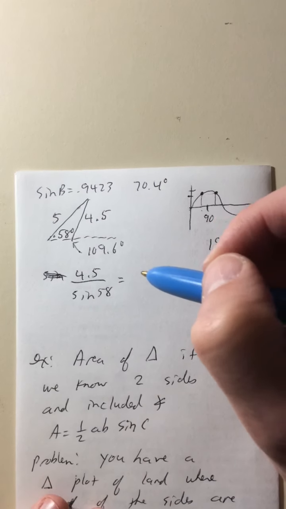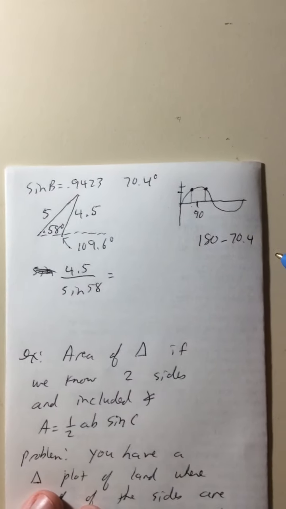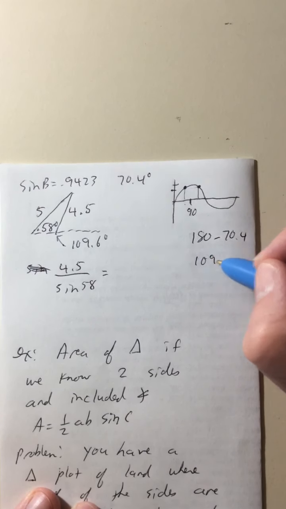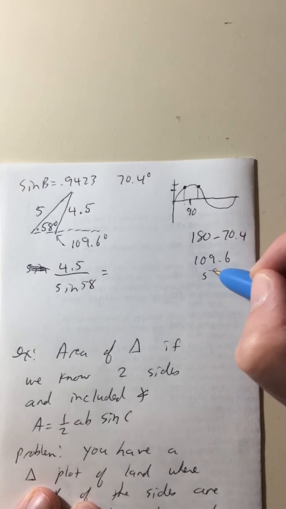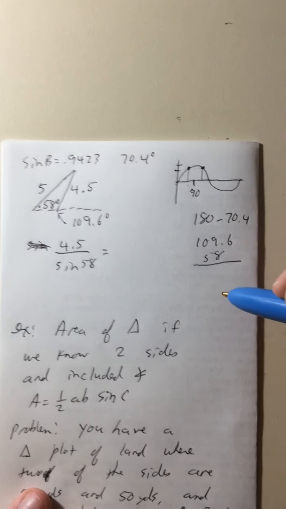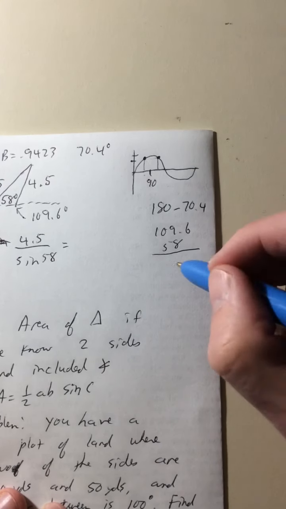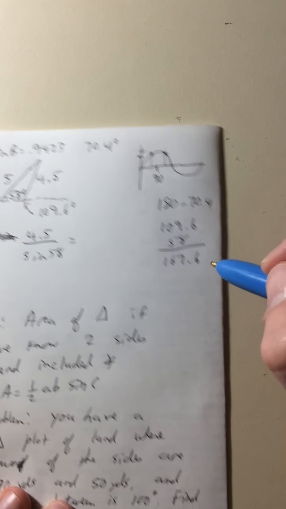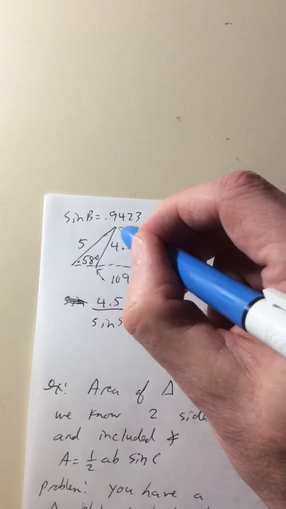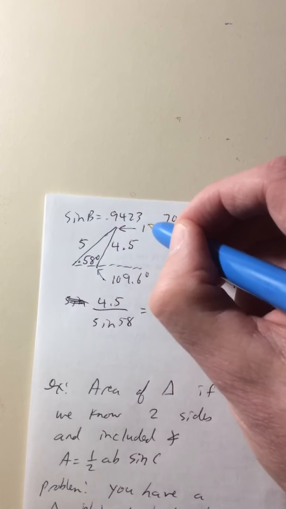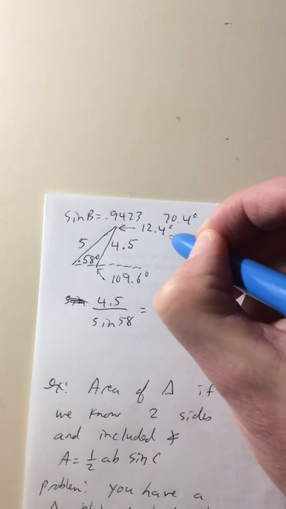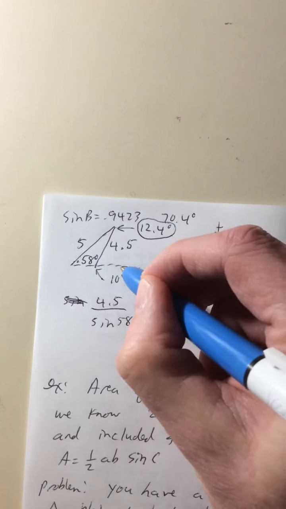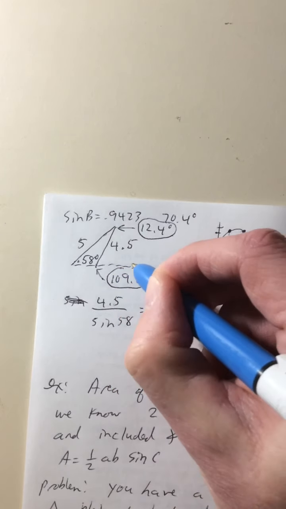So we got 109.6 plus 58. 109.6 plus 58 makes 167.6. So that means we have 12.4 degrees right in here. So that's one of our angles that we found. This is what we found right here.